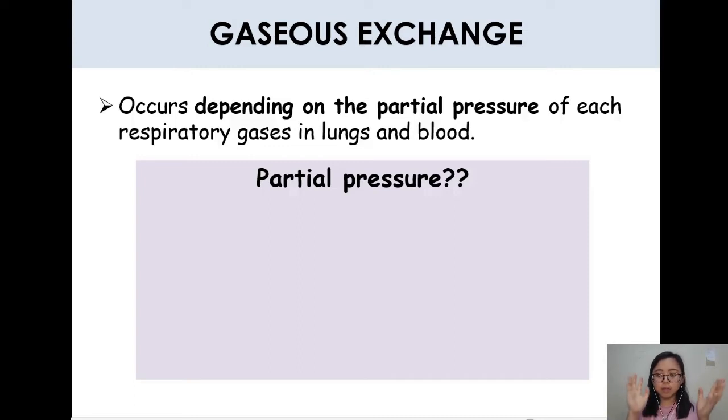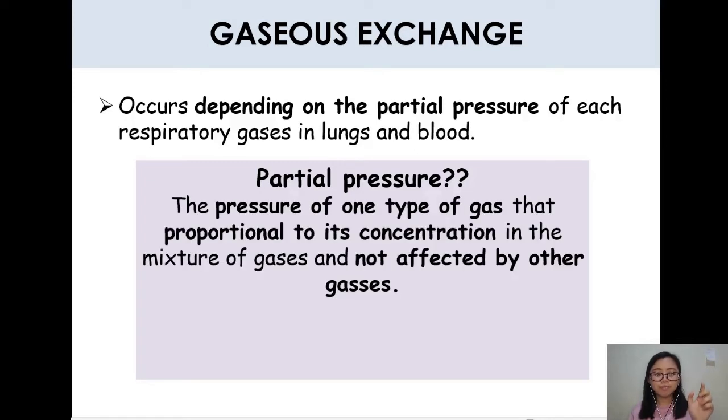Gas tu bila dia dalam bentuk gas, dia boleh ada tekanan, pressure. So when we talk about partial pressure, what we mean is this: the pressure of one type of gas that is proportional to its concentration in the mixture of gases and not affected by other gases.